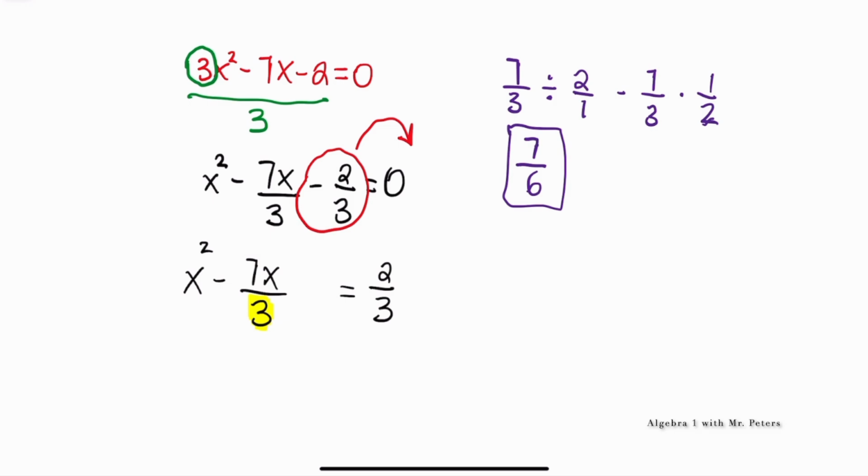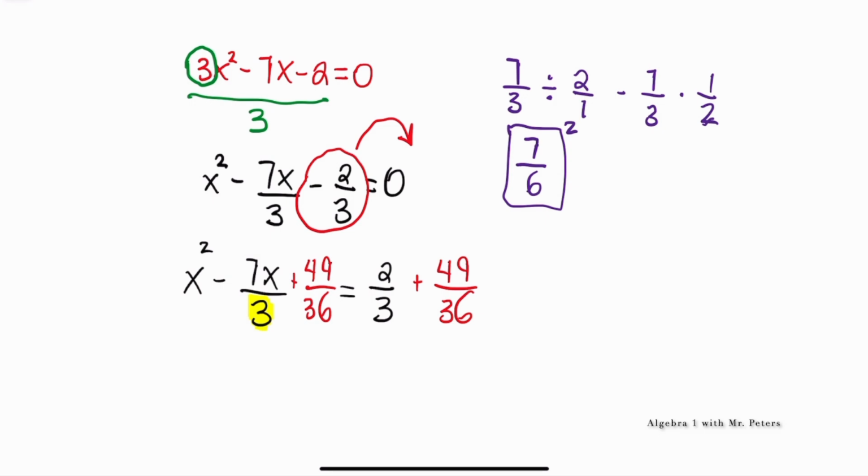This is very important. Now, when we square this fraction, we now have positive 49 over 36, right? Make sure we add it on the other side as well.